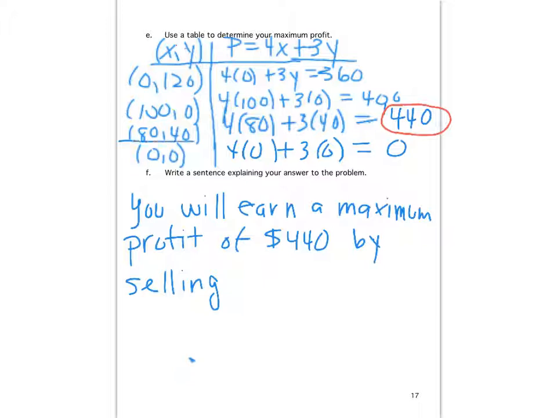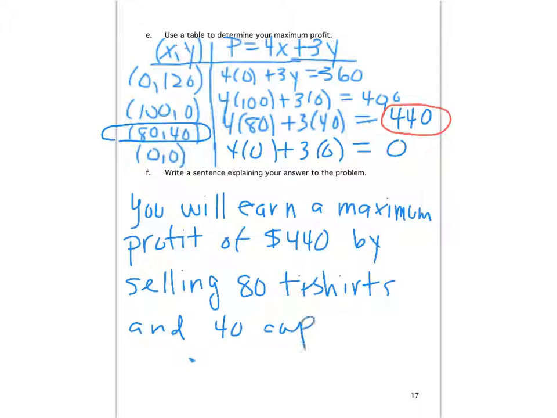We got that profit with the ordered pair 80, 40. So that means we're going to be selling 80 t-shirts and 40 caps. And there you go.